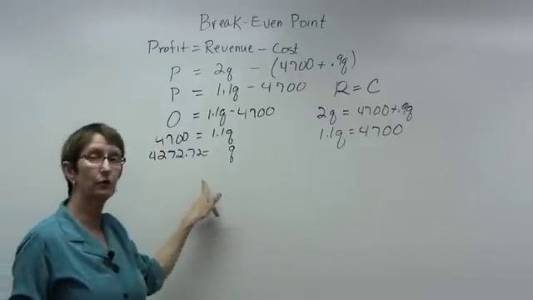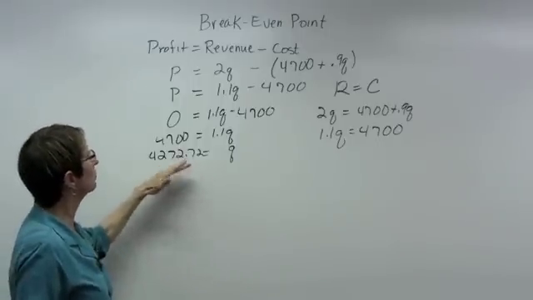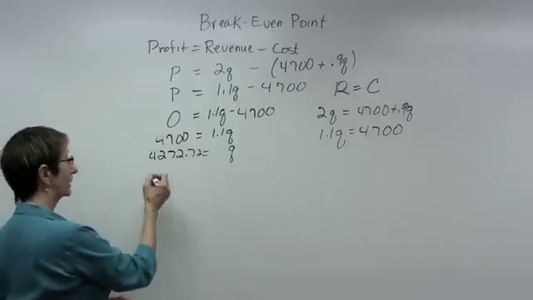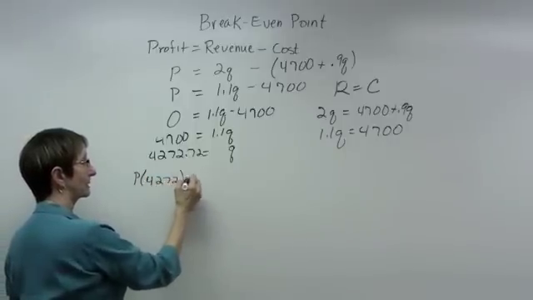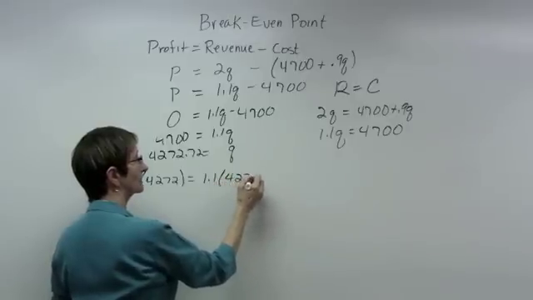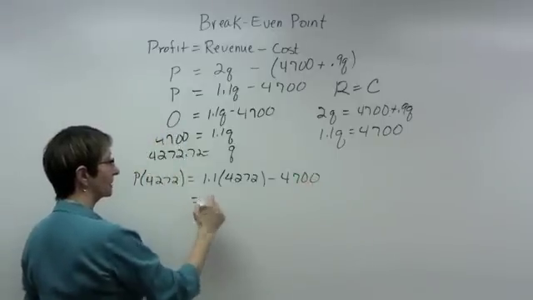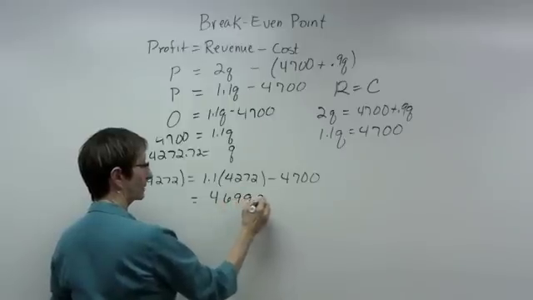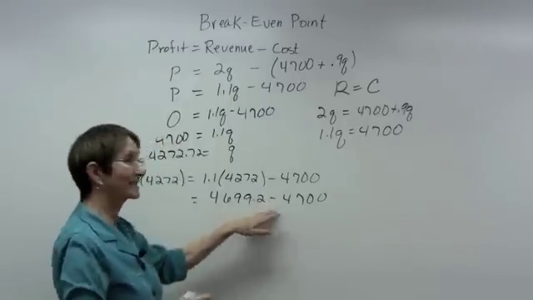Well, let's get back to this value for Q. We can't have 4,272.7 pencils, so you want to look at your rounding. You have to be very careful when you round in these problems. We could find the profit if we just chop it off at 4,272 pencils. So it would be 1.1 times 4,272 minus 4,700. The problem with this is, if I multiply this out, I get 4699.2 minus 4,700. This is going to be negative. That's not big enough.